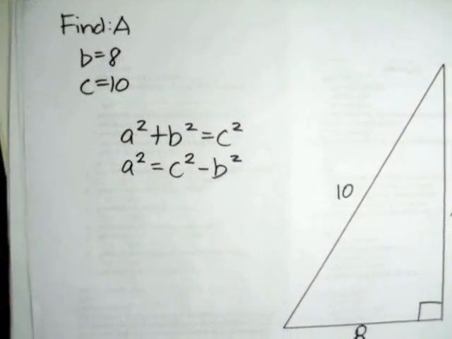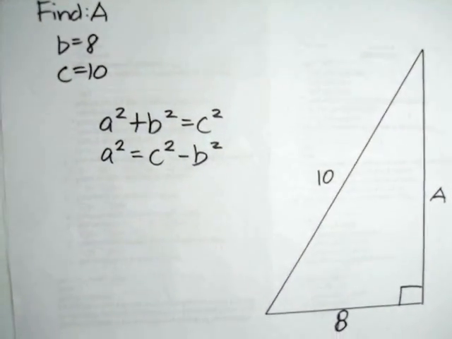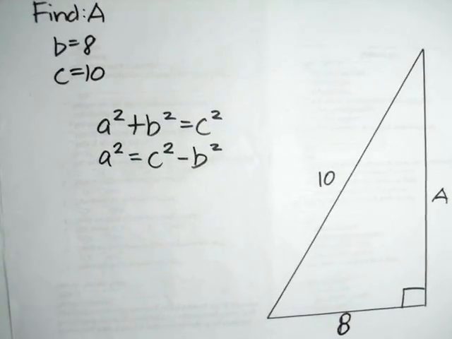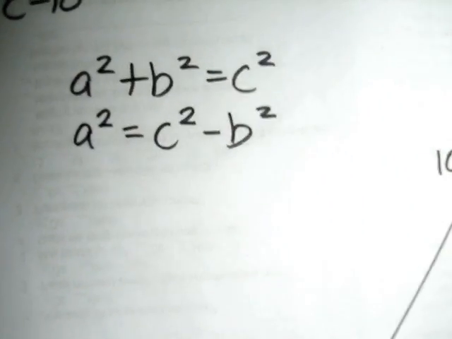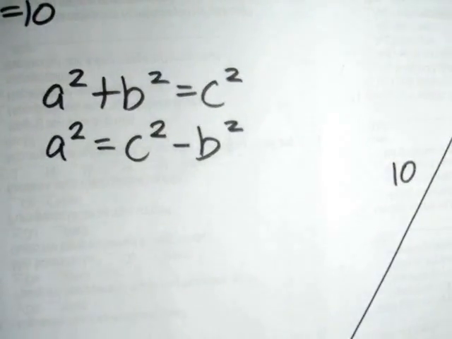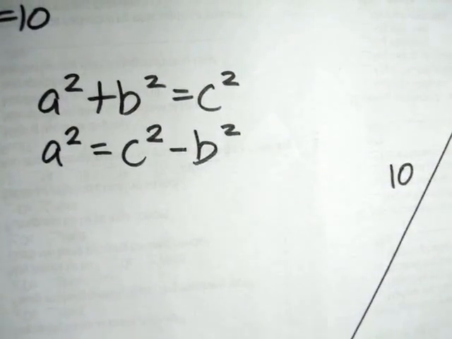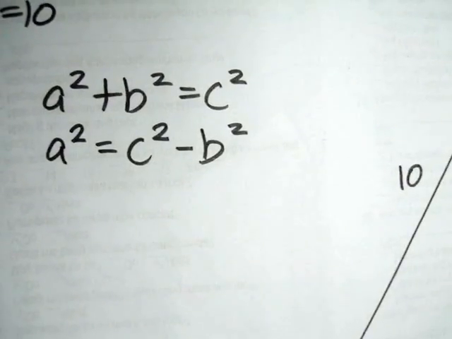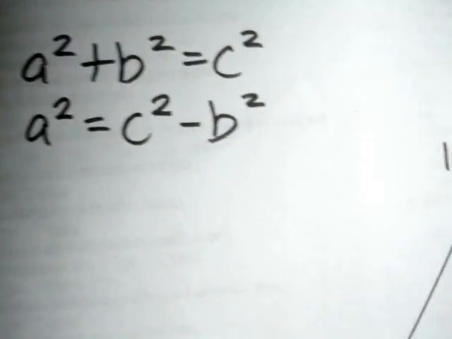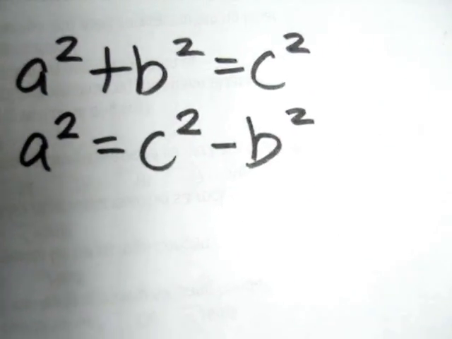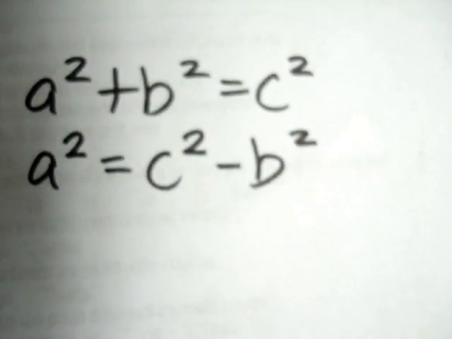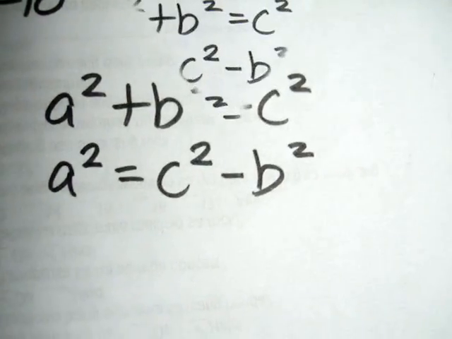Now what if a is missing? You must write a squared plus b squared equals c squared. Then move b squared to the other side so that you get the formula a squared equals c squared minus b squared. When you get this, it is time to substitute.